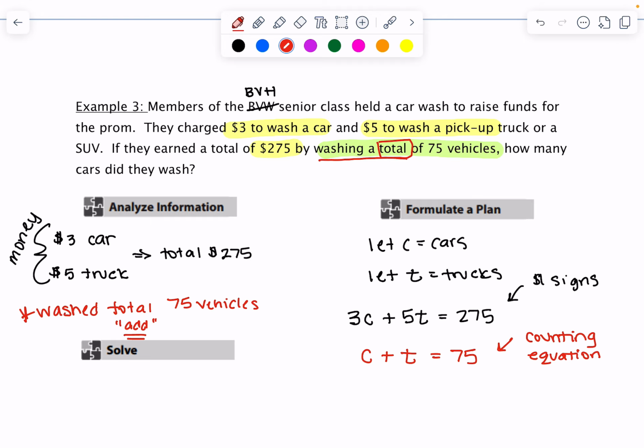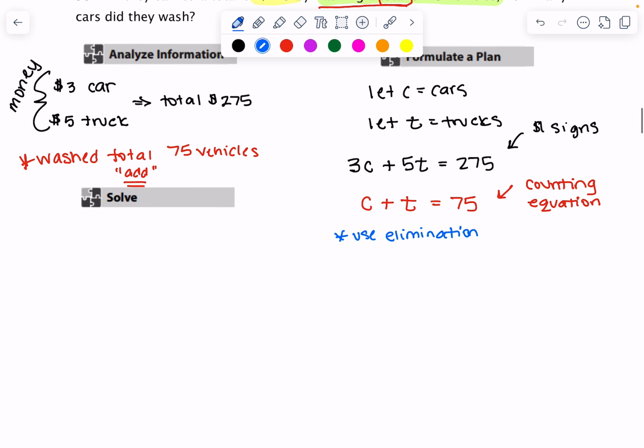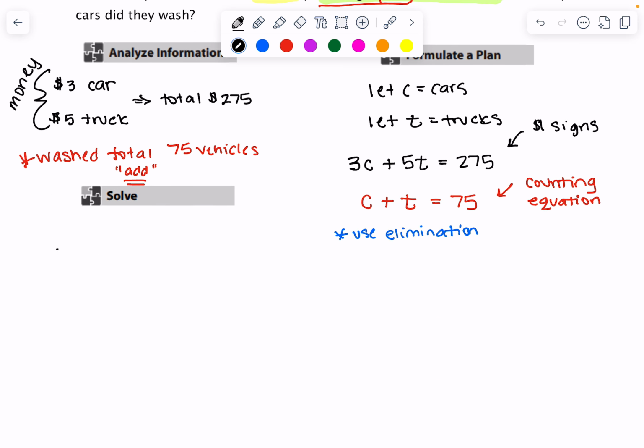I also notice that this problem, the variables line up, so I'm also going to use elimination. You could use substitution, but it's a little bit trickier. So let's go ahead and rewrite this. 3c plus 5t equals 275. C plus t equals 75.